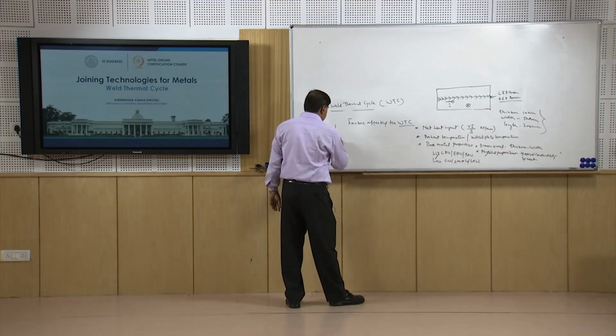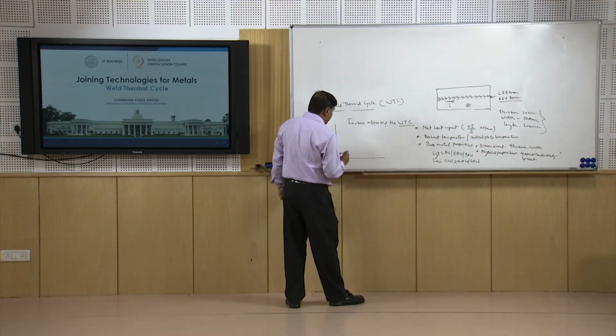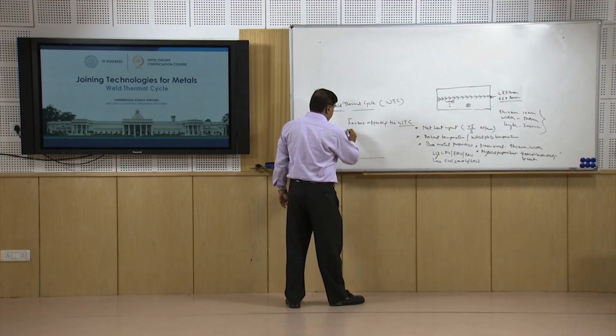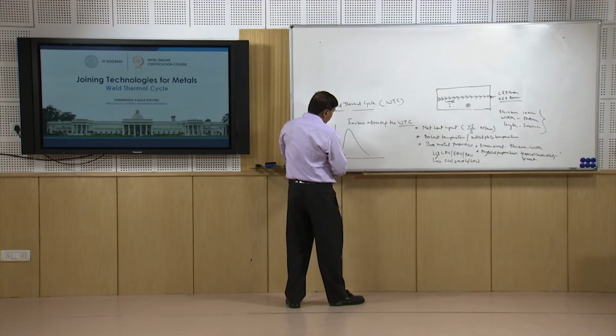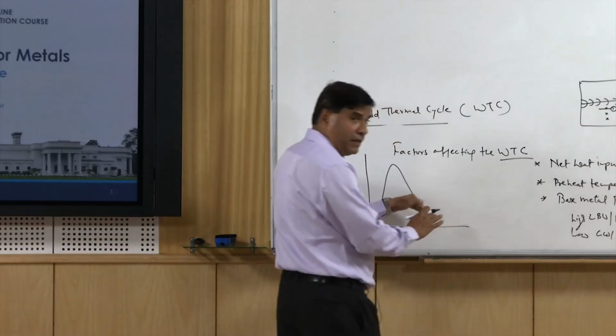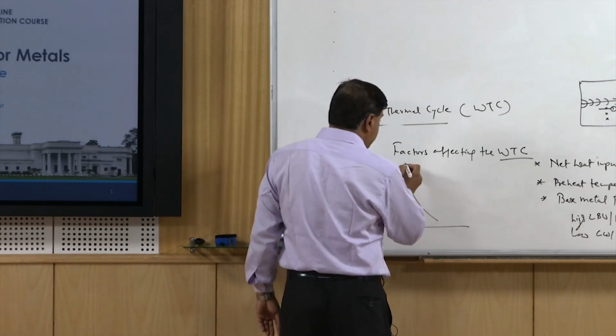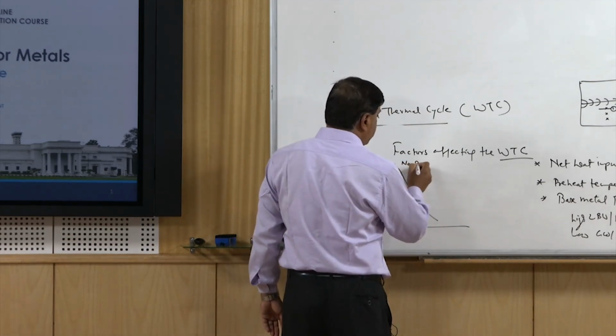So in case when there is no preheating, meaning that the things are at room temperature, the things will go like this, meaning the rate of heating is high and the rate of cooling is also high when there is no preheat.